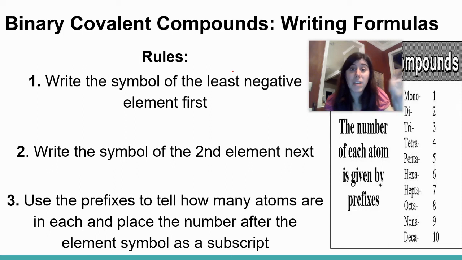So if I give you dihydrogen monoxide, hydrogen symbol is H. You write that first. Then you write the symbol of your second element. Oxygen is your second element, so you write the O. Then you're going to use the prefixes, and that's going to tell you how many atoms of each element that you have. And that's going to be that element's subscript.